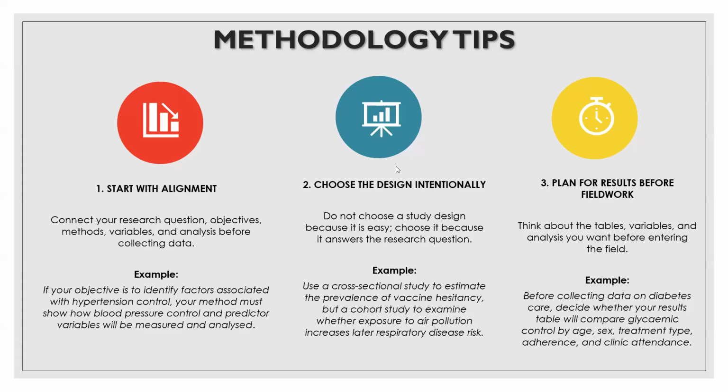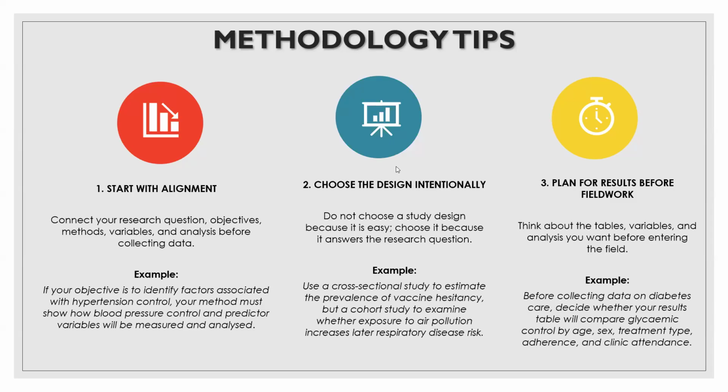So there are a lot of things happening at the same time, and you have to be able to align these things, and the methodology helps you do this because the methodology gives you a clue on the different things that you would be doing: where you're collecting the data, who you're collecting the data from, the number you're going to be collecting, and how you're going to collect that number.